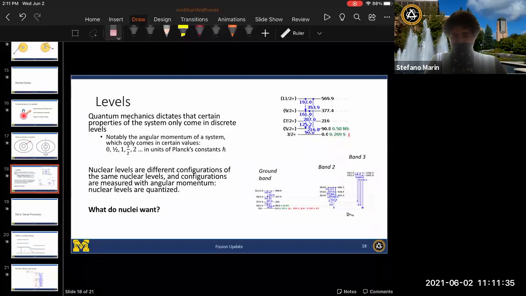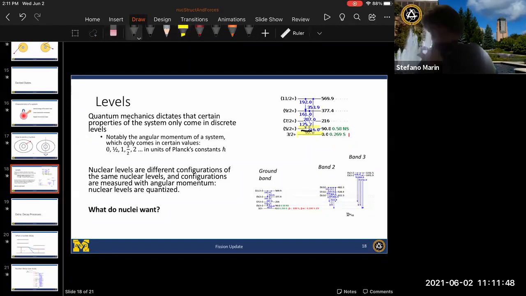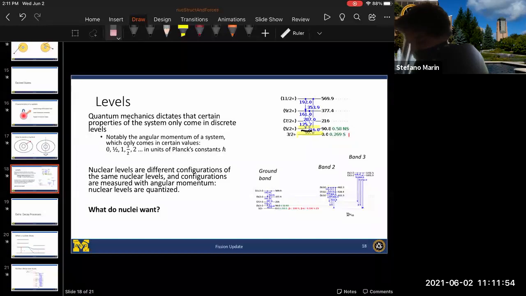It's not really a classical counterpart to that. But basically, you see there are levels, and the first one is down here. Then you get the second one, then the third, and the nucleus cannot be in between the two. It can be a superposition of the first and the second, but it cannot be in the middle.